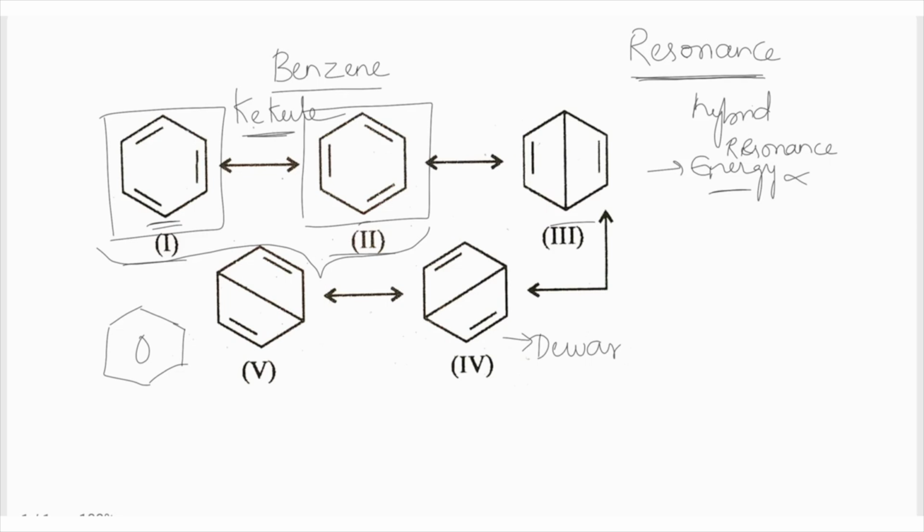We know that energy and stability are inversely proportional. So hence the resonance hybrid has the least energy and is the most stable form. Among all the structures, the resonance hybrid follows all the properties of benzene or the bond parameters, like the carbon-carbon bond here is not completely single and it is not completely double.